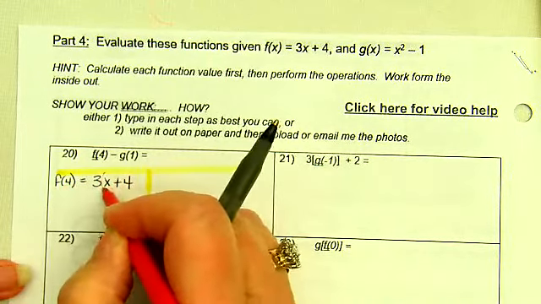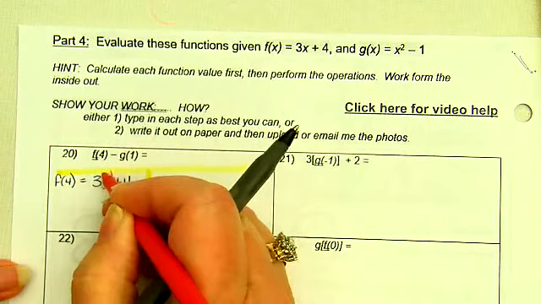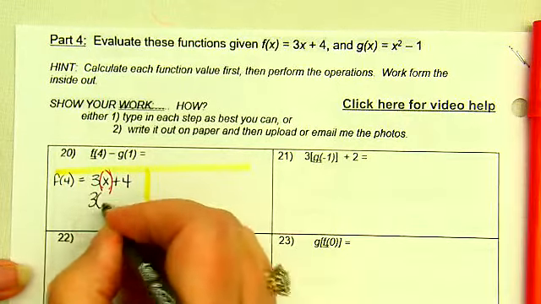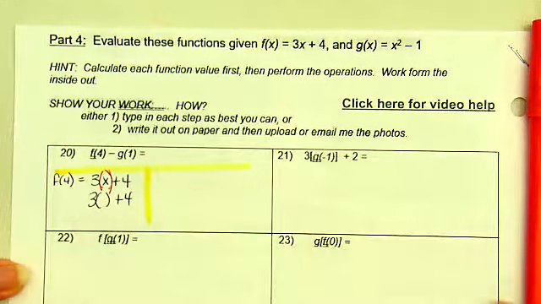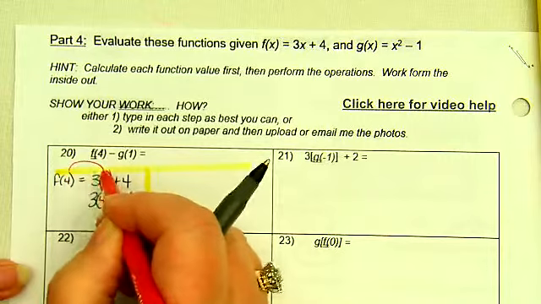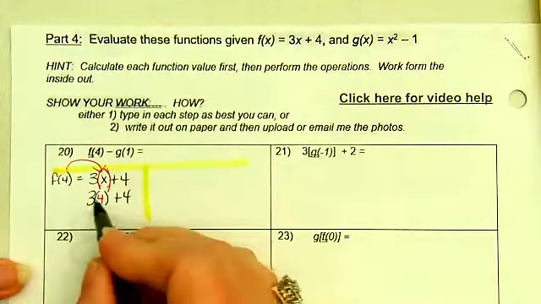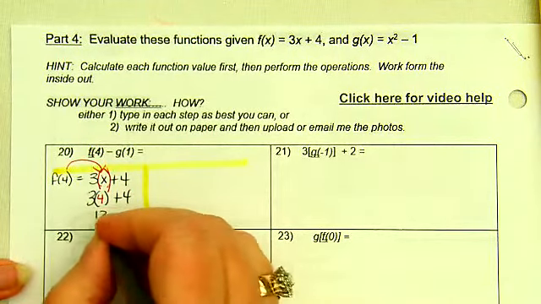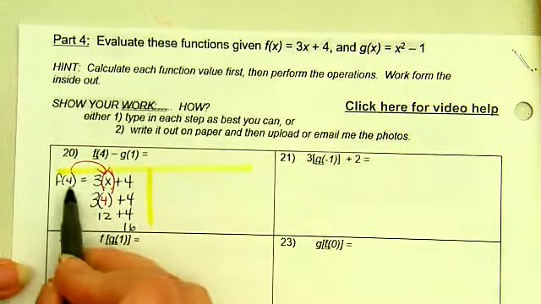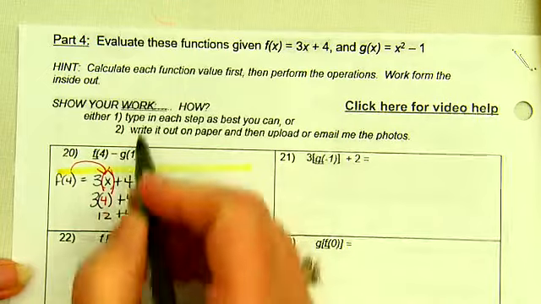So where does the x go? It goes right here, so I'm going to mark it with the parentheses, and then instead of the x, I'm going to write the 4. That's what goes inside. 3 times 4 is 12 plus 4. So this part is worth 16.